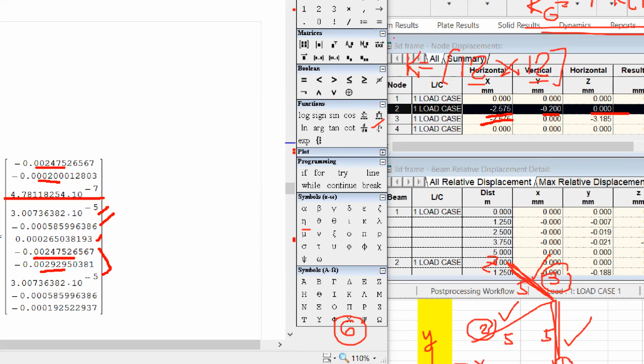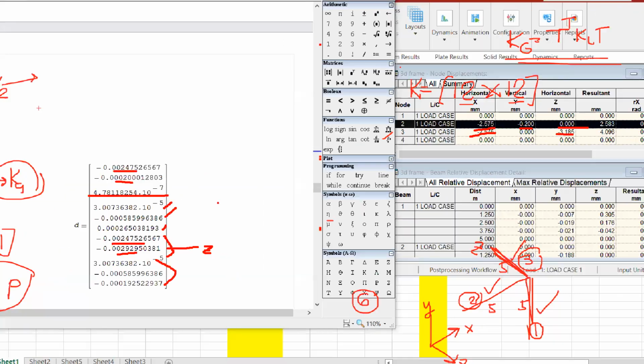Okay, wait. This is X, this is Y. No, this is not Y, this is now Z, because remember, we have a restraint on the vertical direction. So 2.9 versus 3.2 millimeters in STAAD. And the rest are rotation. So they're almost the same, no?